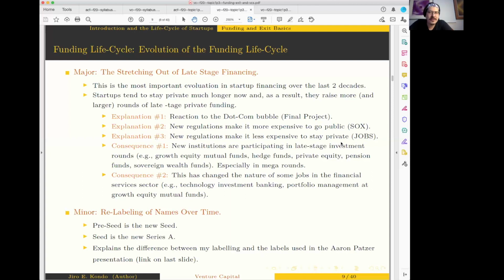We have a stretching out of the life cycle. There's an entire segment of investment management that is called growth equity. What does growth equity do? It tries to pick good, recently IPO'd or at-IPO companies. That's traditionally what growth equity has as its bread and butter.